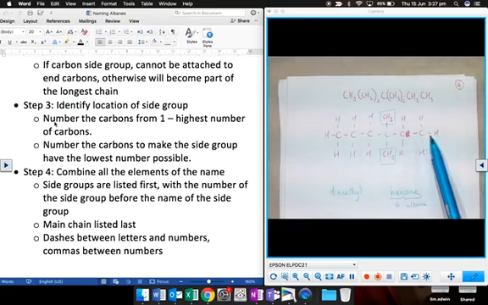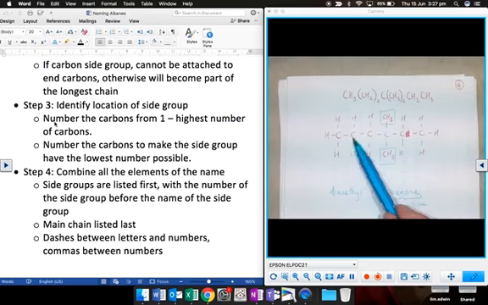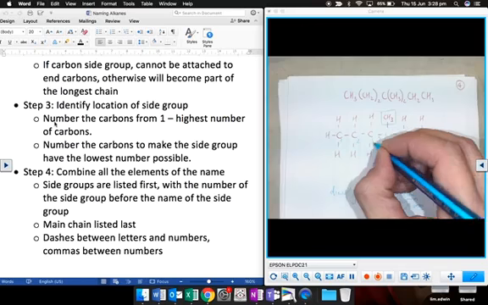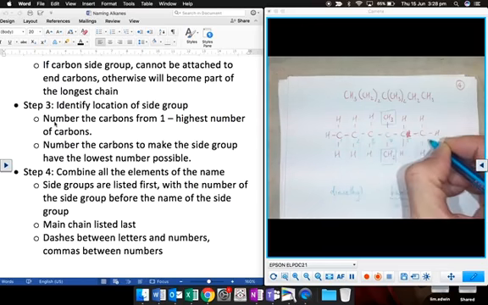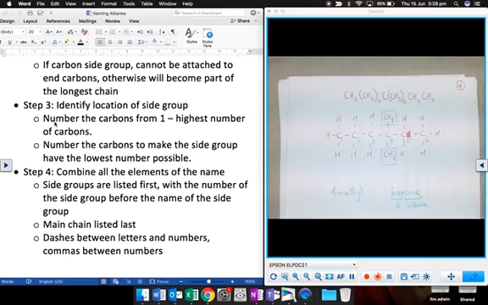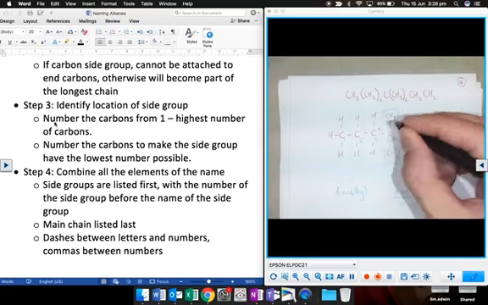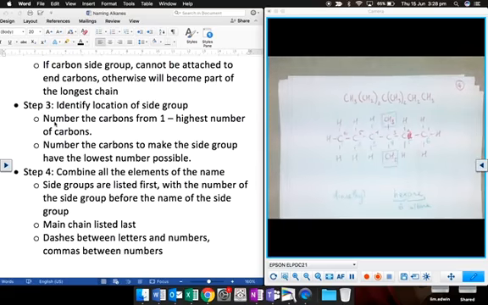Now, you might notice that you can number it from 1, 2, 3, 4, 5, 6, or you could number it 1, 2, 3, 4, 5, 6, numbering it from both ends. I'm going to write that down. So, if we've got 2 ways to number it, which way should we number it?